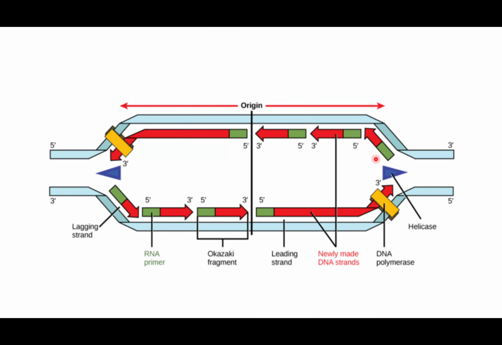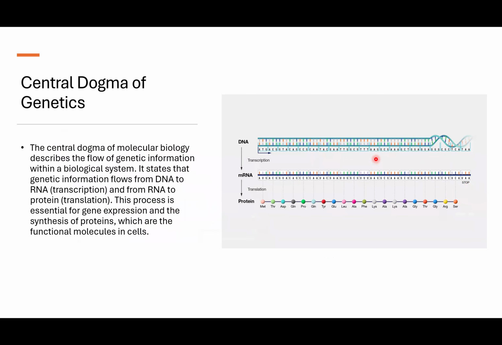Just a review. Okay? So the central dogma of genetics, we know to be the fact that DNA codes for mRNA, which codes for proteins. That is the central dogma of genetics. And what it is speaking about is the fact that our genotype determines our phenotype.